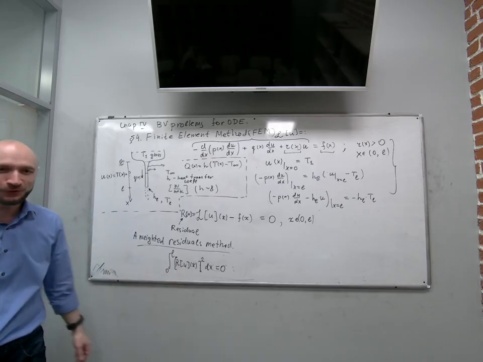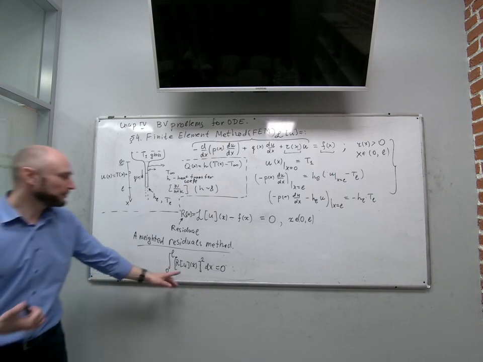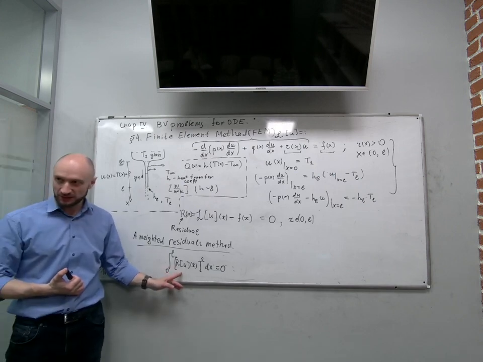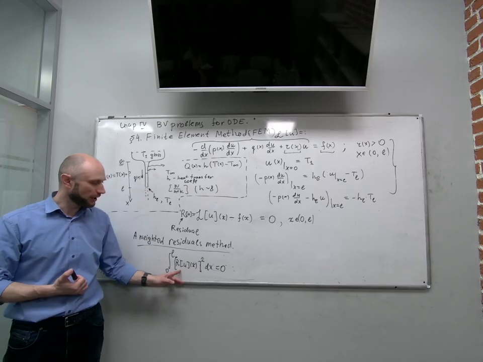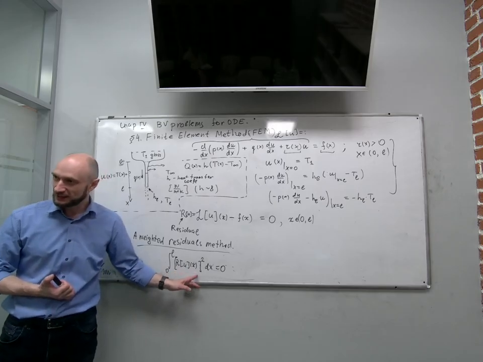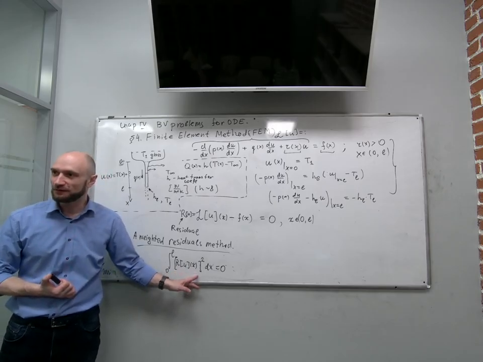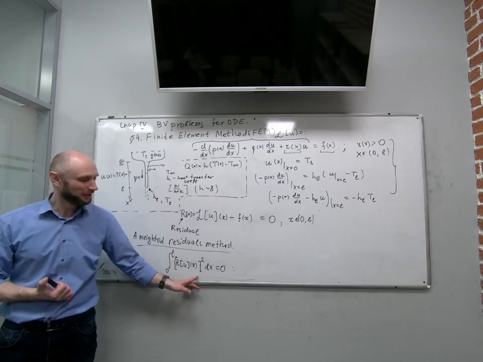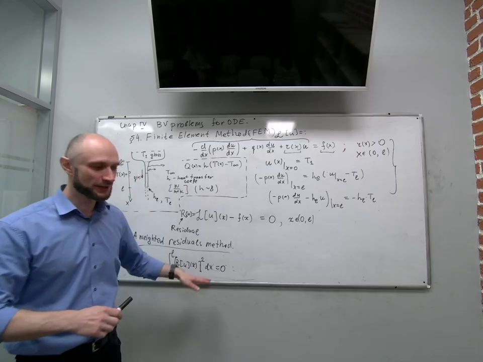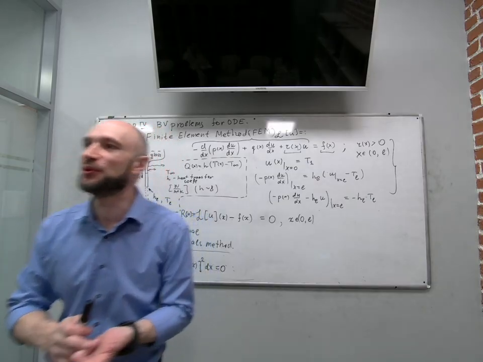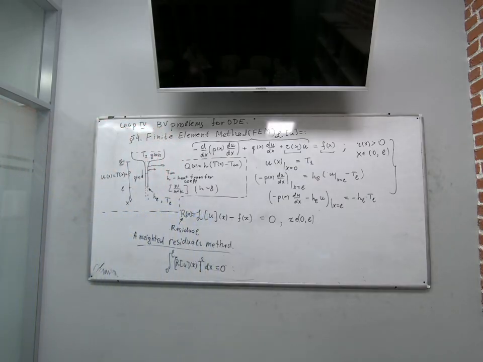Well, if you are good in mathematics, you should know that this means that the function r of u of x must be 0 everywhere except possibly for some countable number of points in our domain.